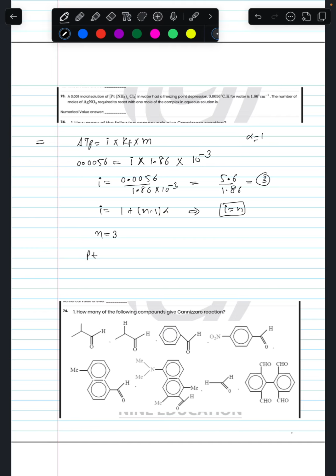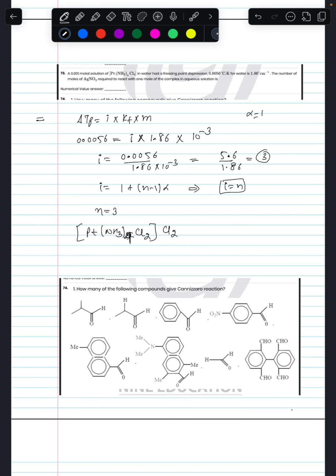So the expected formula is [Pt(NH3)4Cl2]Cl2, with Pt(NH3)4Cl2 inside the coordination sphere and 2 chlorines outside the coordination sphere. After breaking of this complex, we get [Pt(NH3)4Cl2]2+ plus 2Cl-. So the number of ions will be 3.